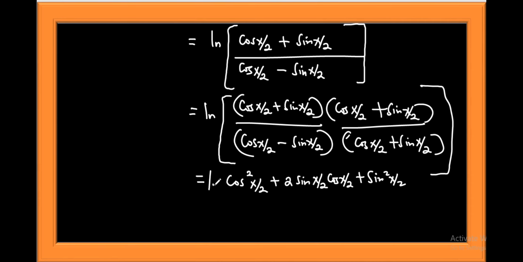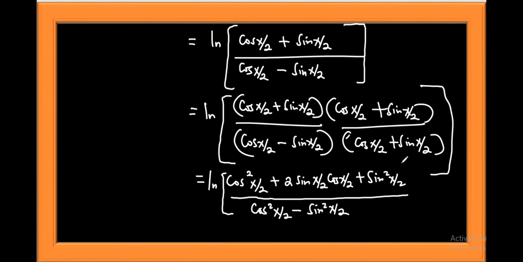Remember, we have a natural log, don't forget that. So for the denominator, we have a difference of two squares, which is going to give us cos squared x out of 2 minus sin squared x out of 2. Now remember from trigonometry that cos squared x out of 2 plus sin squared x out of 2 is 1. That means we can comfortably say this is already 1.